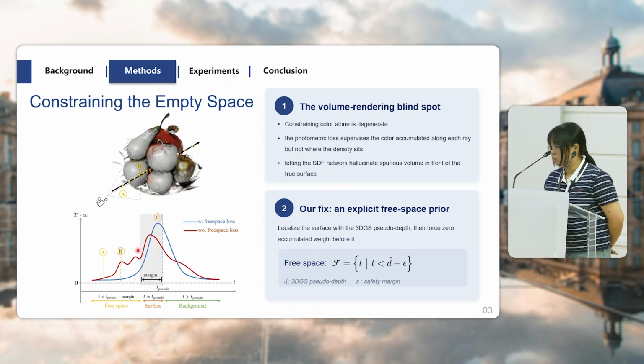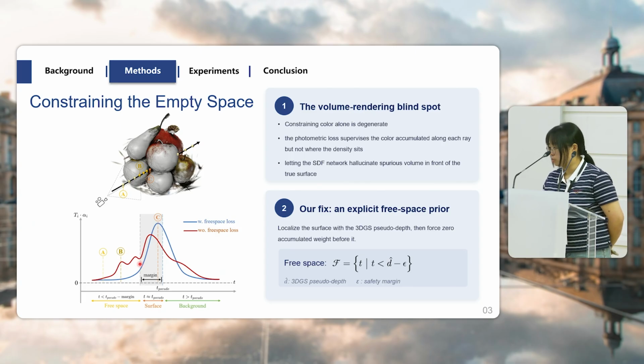Okay, here is the plot on the left, which makes it easy to see. The horizontal axis is the position t, and the vertical axis is the rendering weight. And t pseudo is the 3D GS depth. The ray splits into free space, surface, and background, with the gray margin giving tolerance for depth error.